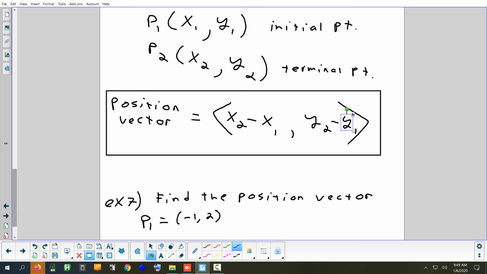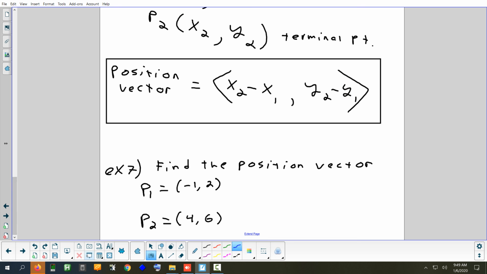Okay, so the last one we'll finish up just by finding a position vector, and I'm going to give you guys 2 coordinates. And remember, assume P1 is the first, the initial, P2 is the end. Okay, so the directions say find the position vector.